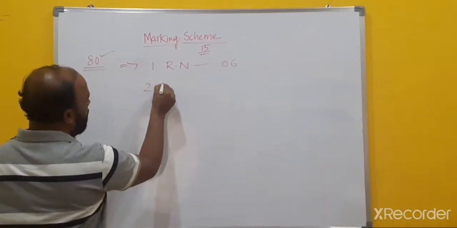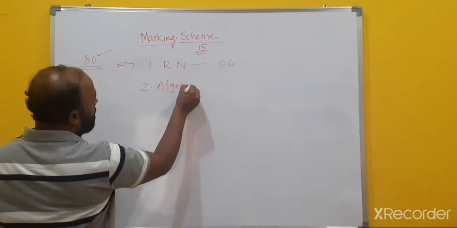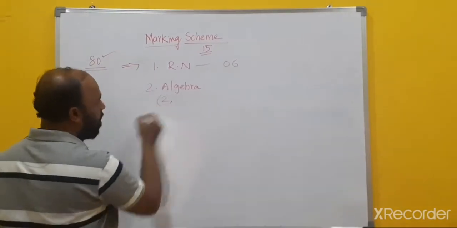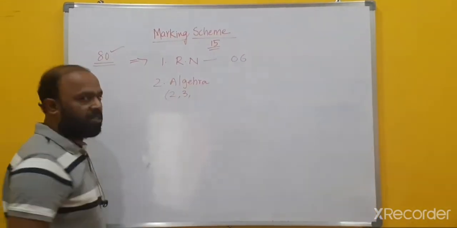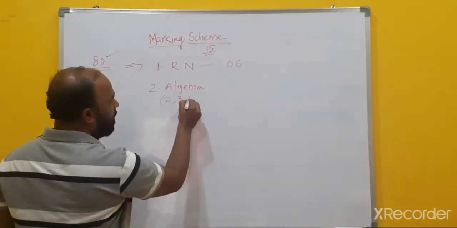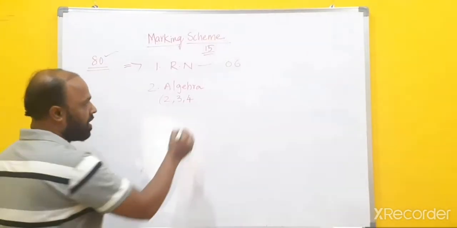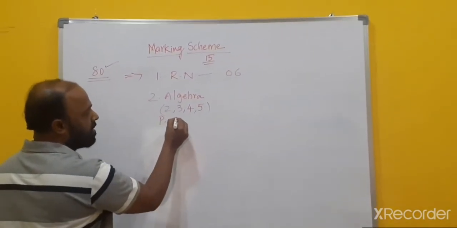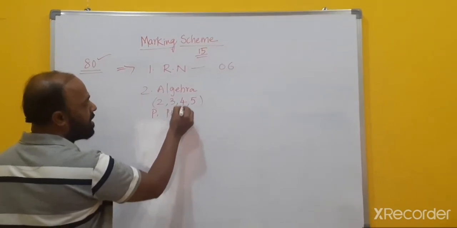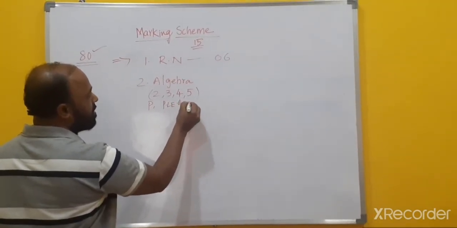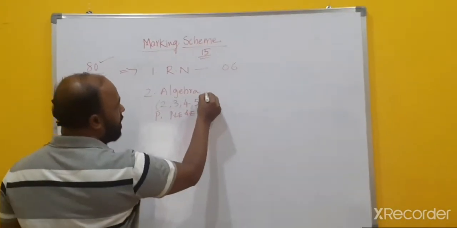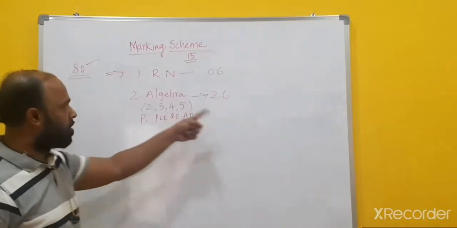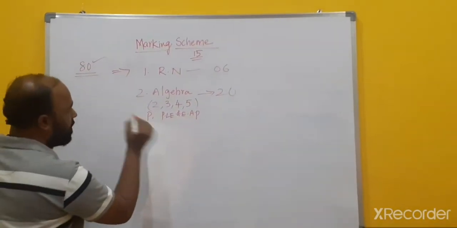The second one is algebra, which contains 4 chapters: polynomials, pair of linear equations in 2 variables, quadratic equations, and the last one arithmetic progressions. Algebra is 20 marks in total.